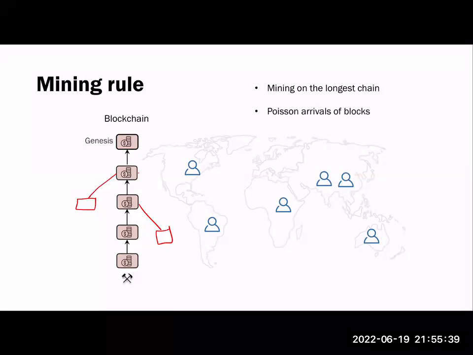Now, again, it turns out that the block arrival process is not deterministic. It is actually a random process. And if there's only honest people mining, then you can think of the block arrival as a Poisson process. In Bitcoin, the average mining rate, lambda, is kept to be 1 block per 10 minutes.